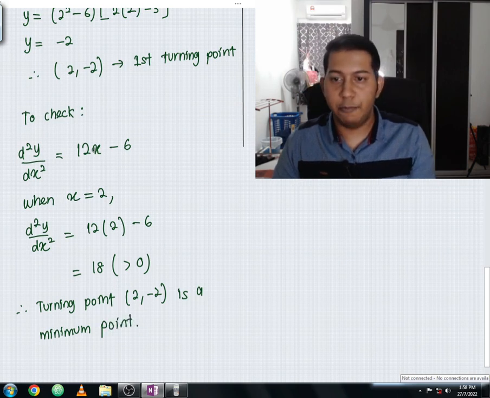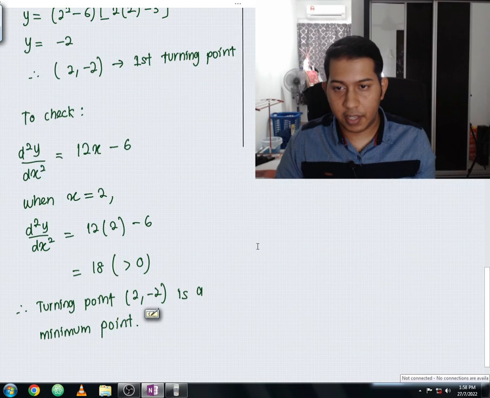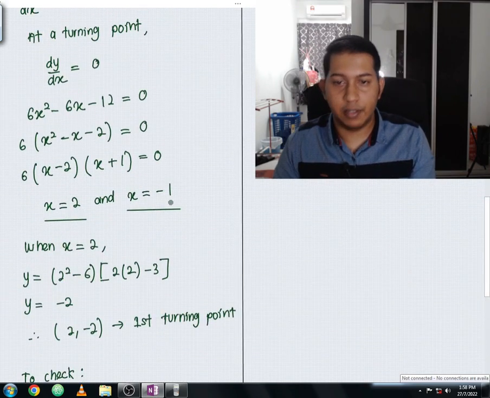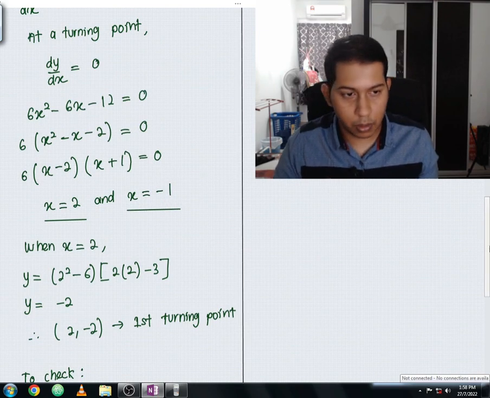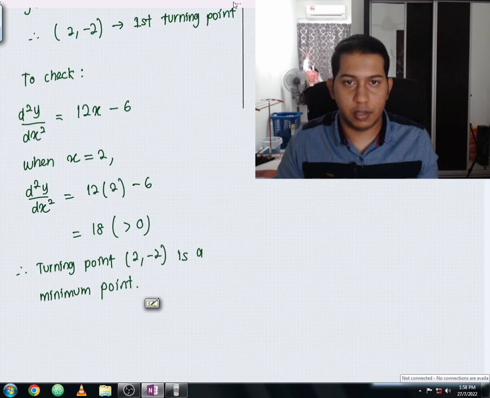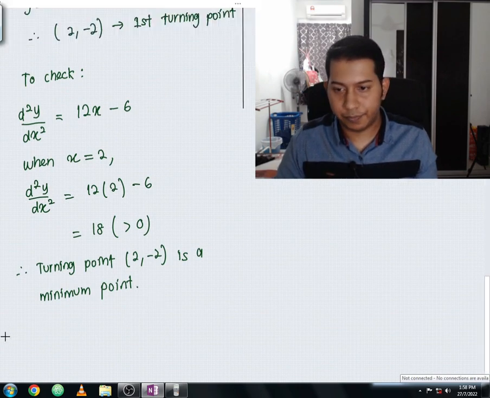Okay, we are already done with the x equals to 2. Let us proceed with the x equals to negative 1 now.